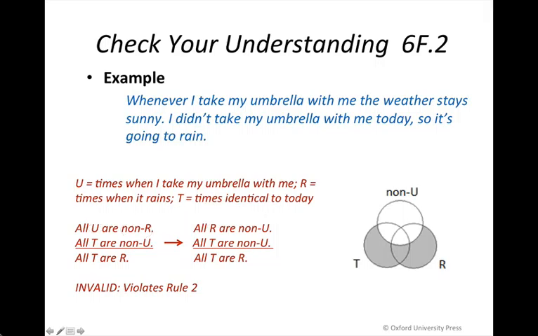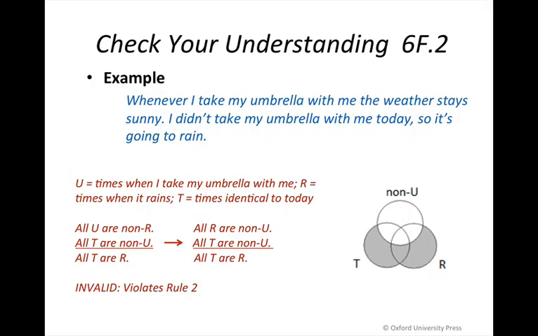So now that our terms are consistent, and I've just erased what I wrote so that you can see this clearly, take a look at the middle term. The middle term is non-U. So this is the class of things non-U.